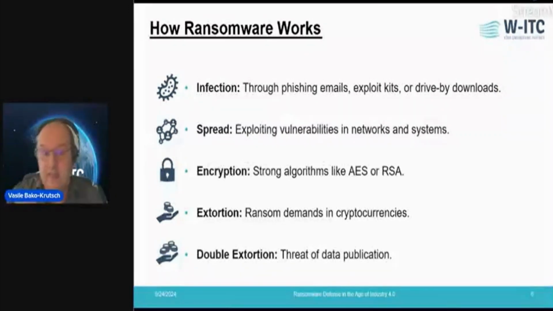Phase three, after the infection and spreading, is the encryption of the data. Once the ransomware has spread, it begins encrypting the files on the infected systems. So this is actually the phase where the ransomware exploits its strength. Modern ransomware typically uses strong encryption algorithms like AES, the so-called Advanced Encryption Standard.